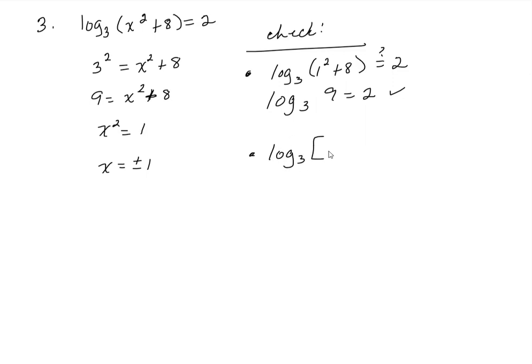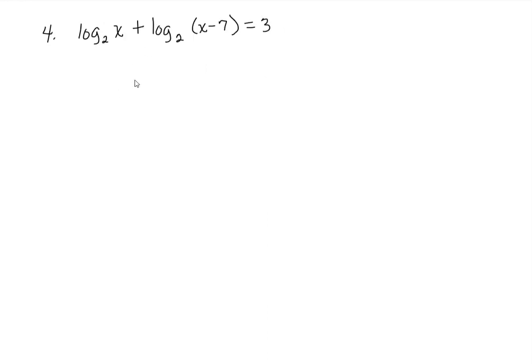So I have negative 1 squared plus 8, that's all in this bracket, and I'm checking to see does that equal 2. So I have the log base 3 of 9 equals 2. 3 squared is 9, so that works. So positive and negative 1 are my solutions.